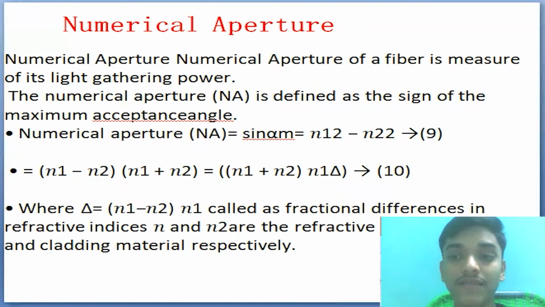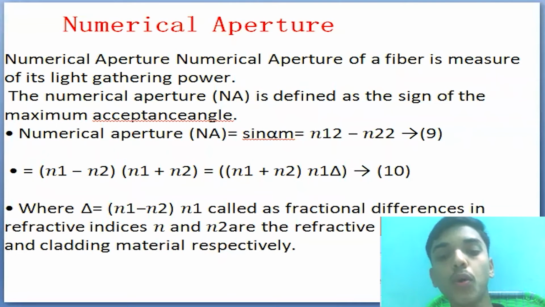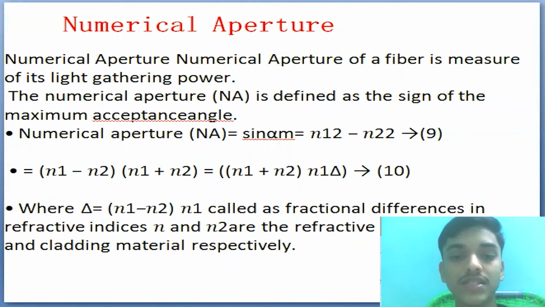The maximum light gathering capacity of an optical fiber is known as numerical aperture. As you can see, we have stated first, it is the sine of the maximum acceptance angle. Numerical aperture is the sine of the maximum optical acceptance angle.